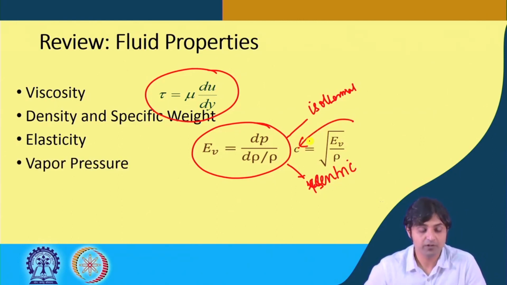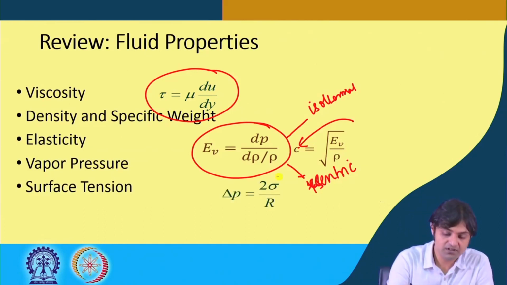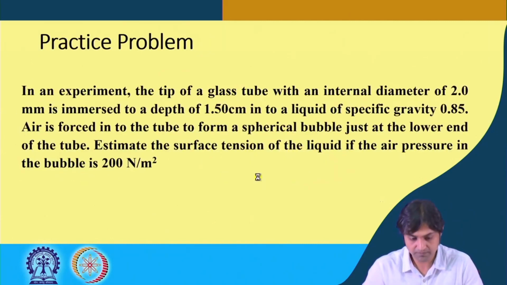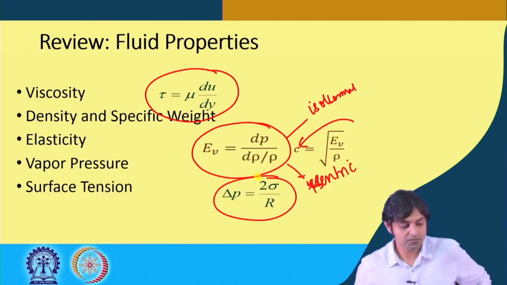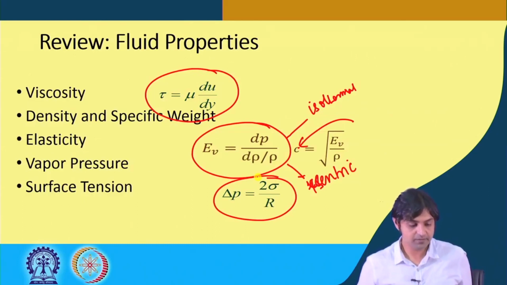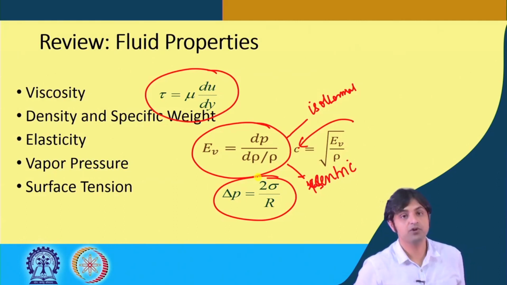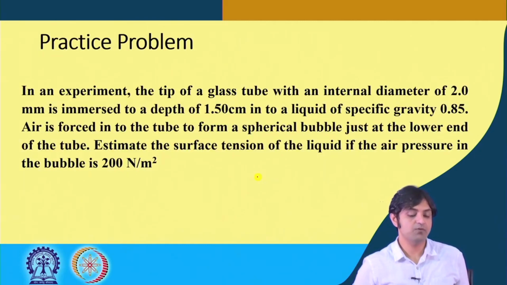We have seen about vapor pressure, we have seen about surface tension, and this was one of the important equations, delta P is equal to 2 sigma by R. So, to review the properties: viscosity, density and specific weight, elasticity, vapor pressure and surface tension. These are the important properties that we have read. Now, I have included for your convenience 4 different problems encompassing all the concepts that we have done. We will go into these questions one by one.